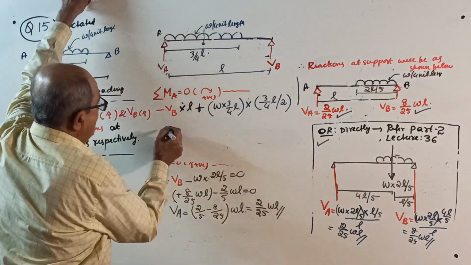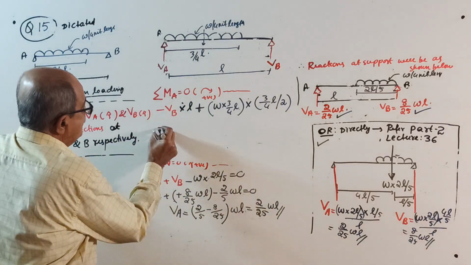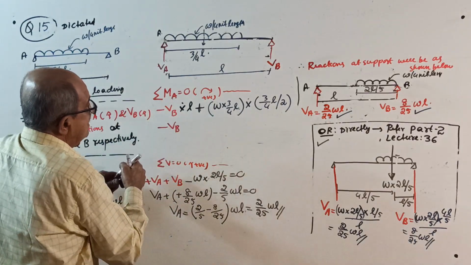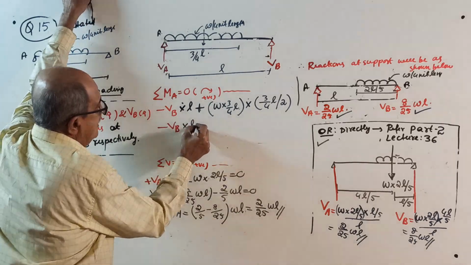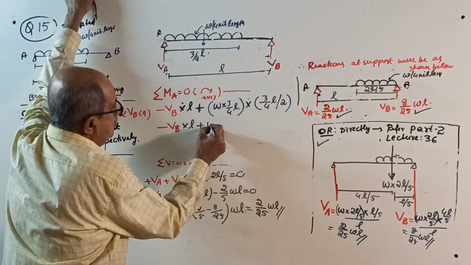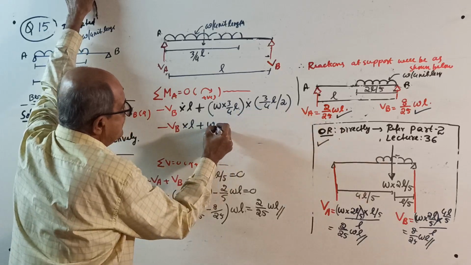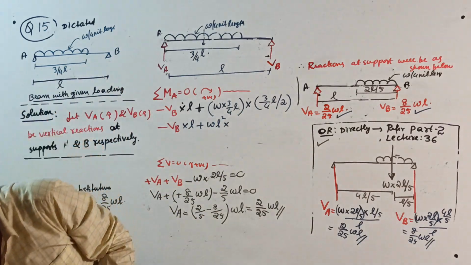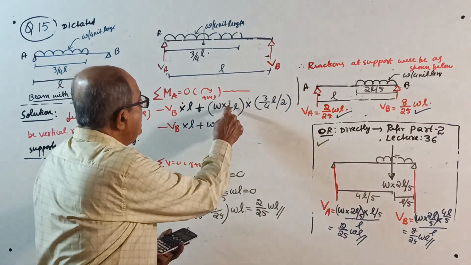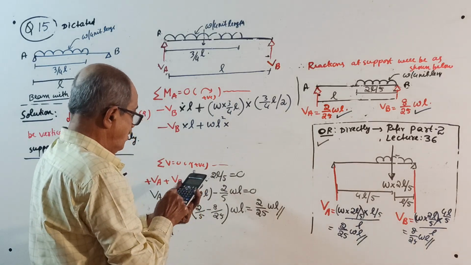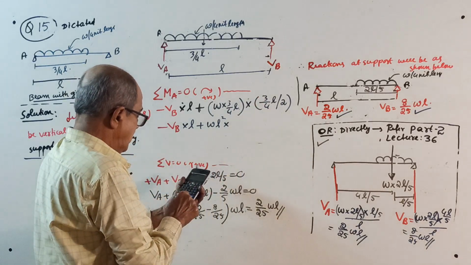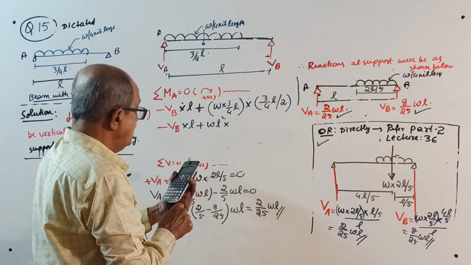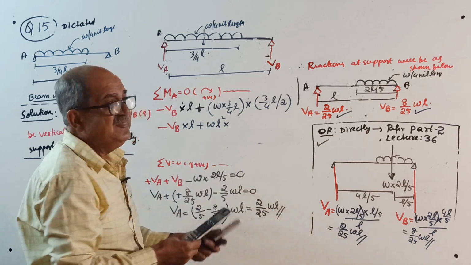Okay, over. Therefore, you get minus VB into L plus W into L square into, take your calculator. What you have to do? 3/4 into 3/4 divided by 2 is 9/32.